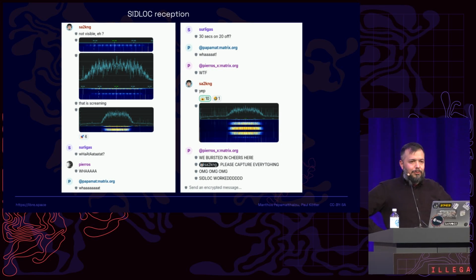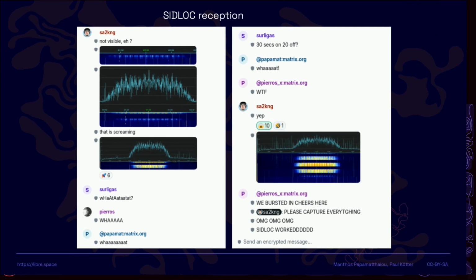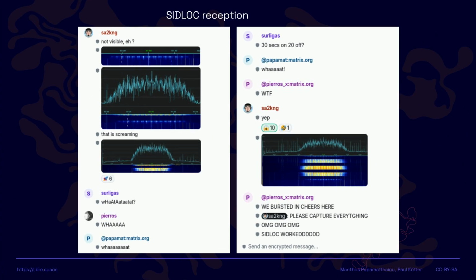And yes, we got signals from SIDLOC. Those are the first signals from SIDLOC, and the contributor called SA2KNG used his station in, I think, Germany or Netherlands, somewhere in northern Europe, to record signals from SIDLOC.